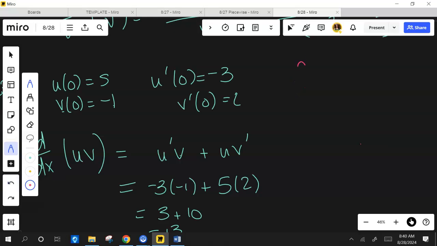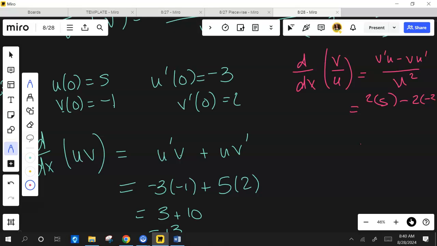All right, so C is the derivative of V over U. Derivative of the top times the bottom minus the top times derivative of the bottom, all over bottom squared. And so V prime is 2, U is 5, V is 2, U prime is -3 over U is 5 squared. 10 plus 15 over 25. 25 over 25 is 10.